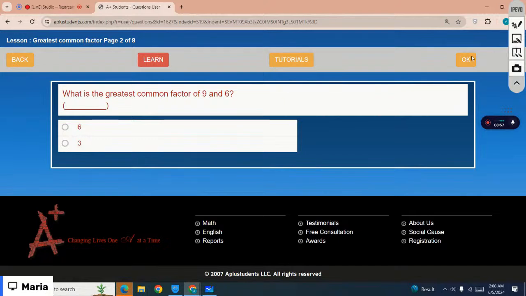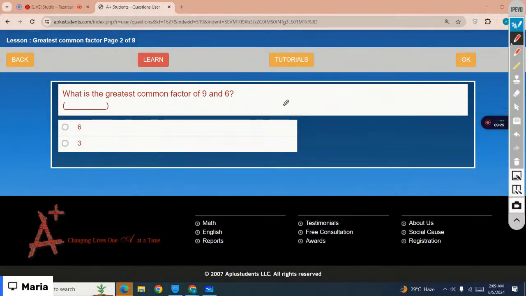What is the greatest common factor of 9 and 6? Let's write down the factors of 9 and 6. Factors of 9: 1 times 9 is 9 and 3 times 3 is 9.